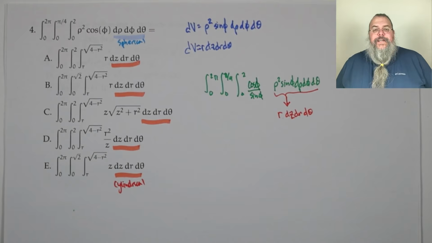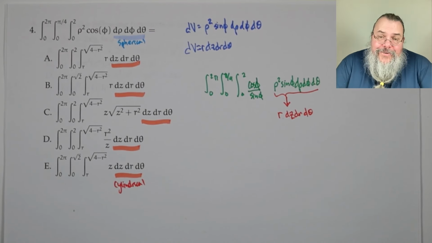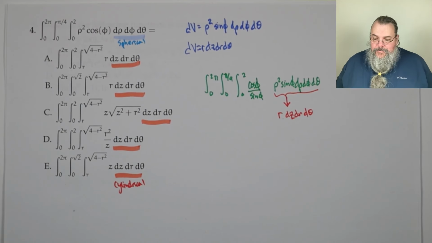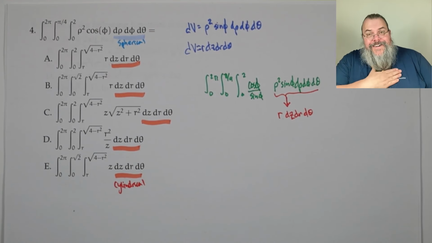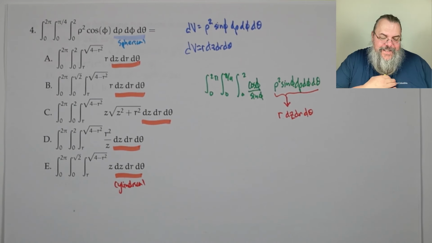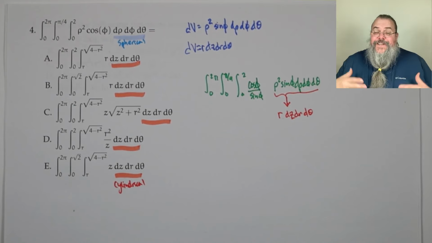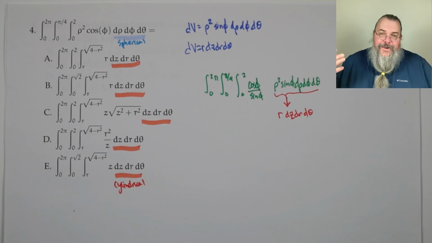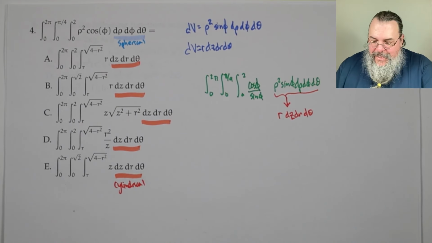Let's think about that. Where do we see cosine phi and sine phi? If we pulled out our formula sheet, and I don't have one with me because it's written in my heart, and I hope a lot of it's becoming written in your heart too. It's one of those things that the more you use it, the less you need it. And so hopefully you've been using it so much, you're like, oh, it's ingrained in me.